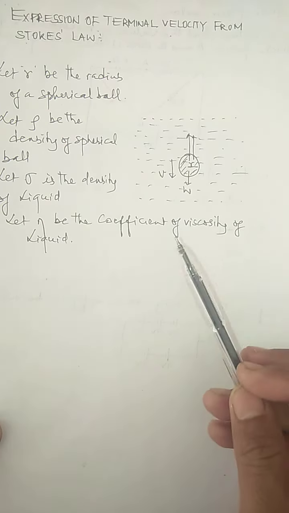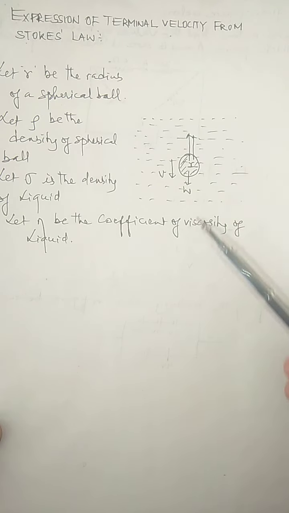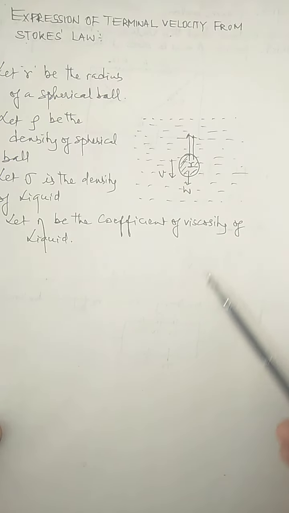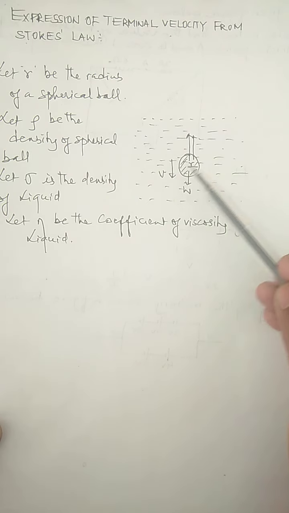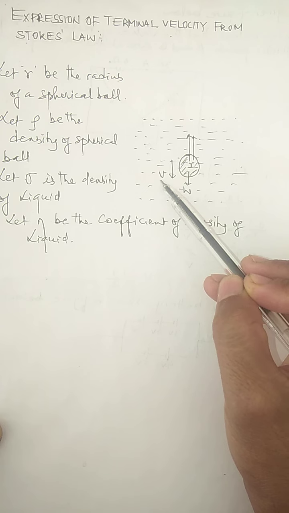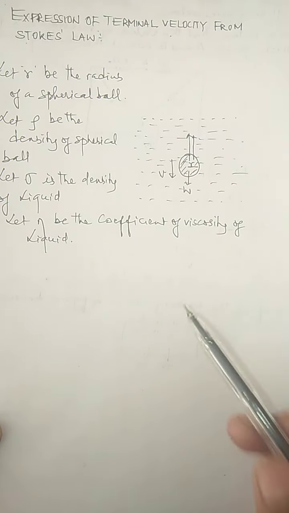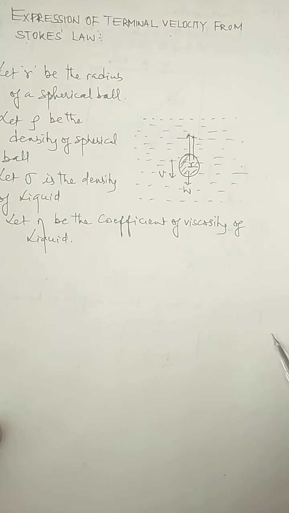So the net force acting on the ball will be 0. When the net force is 0, the ball does not acquire any acceleration. The ball is still falling down, but with a constant velocity. And that constant velocity is called terminal velocity. We are going to now derive the terminal velocity.